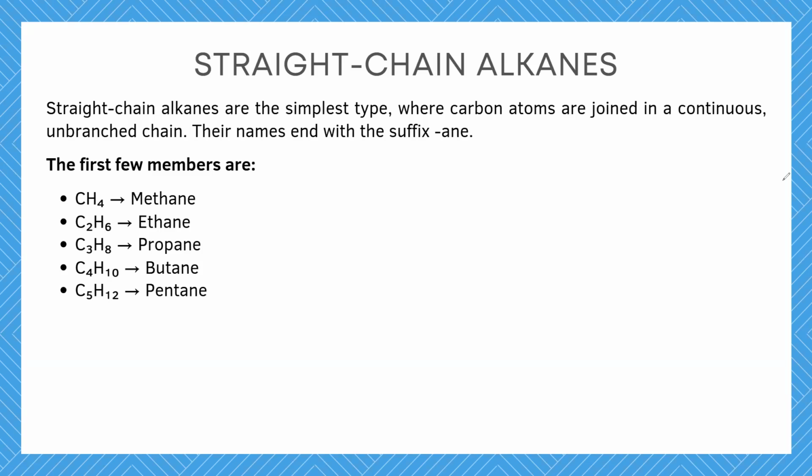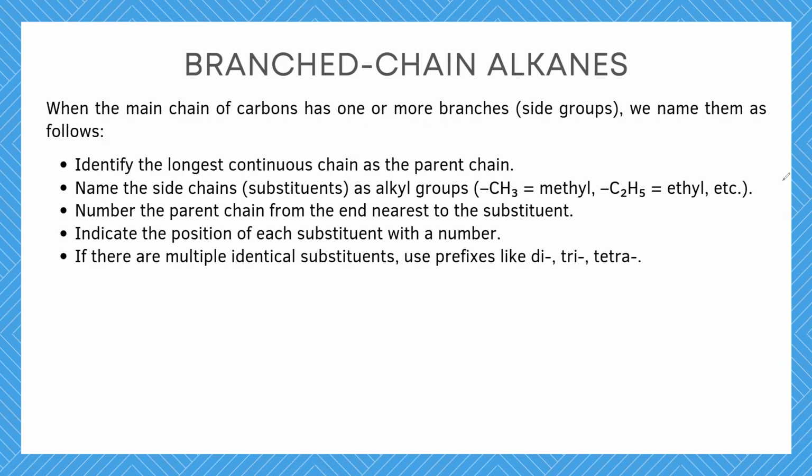Let's proceed. Can you read what's on the screen right now? Yes, sir. Read it. Branched chain alkanes. When the main chain of carbon has one or more branches, or side groups, we name them as follows. Identify the longest continuous chain as the parent chain.